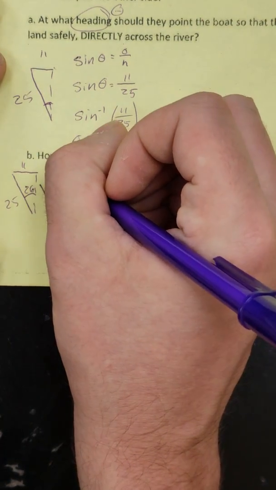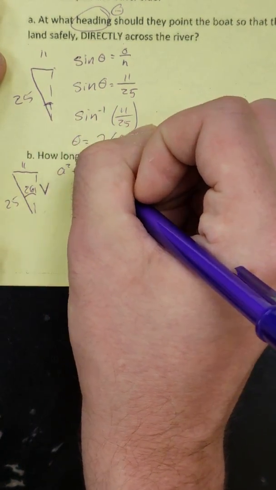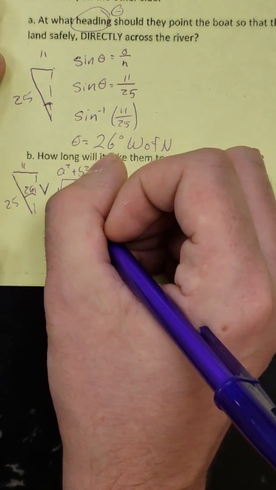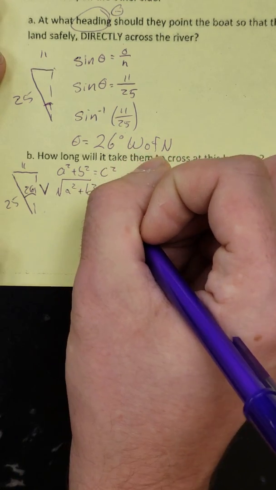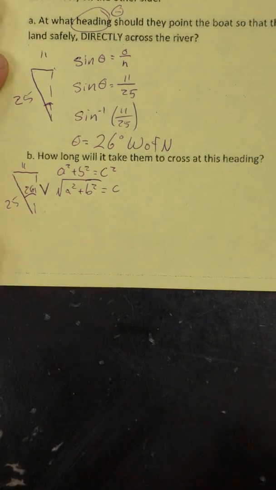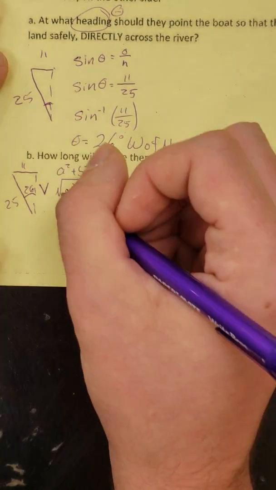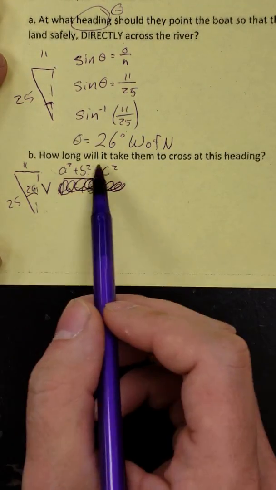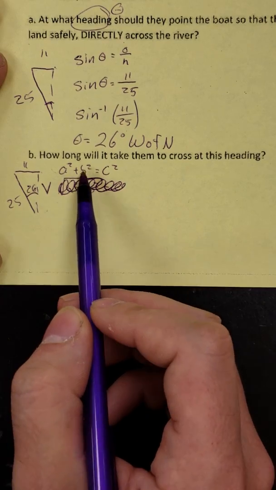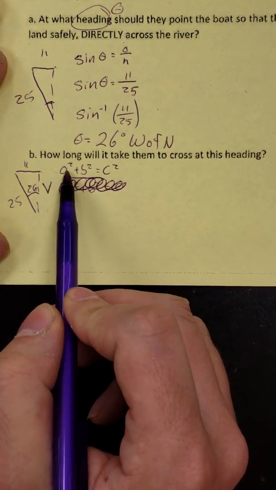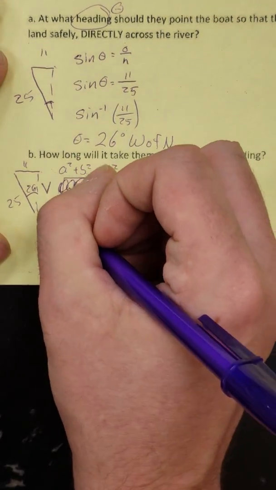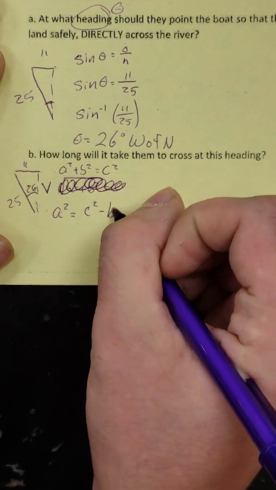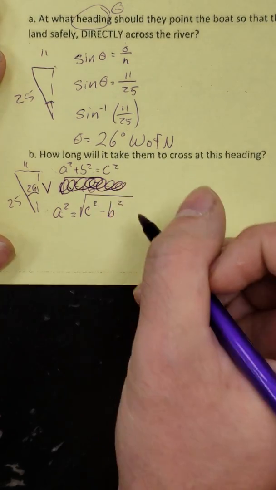To start off with, a squared plus b squared equals c squared. No, this isn't the formula we're using. I'm sorry. We need to rearrange this so it's basically, I'll just arbitrarily pick that a equals. So a equals, we need to subtract b squared from both sides, and then take the square root of that.